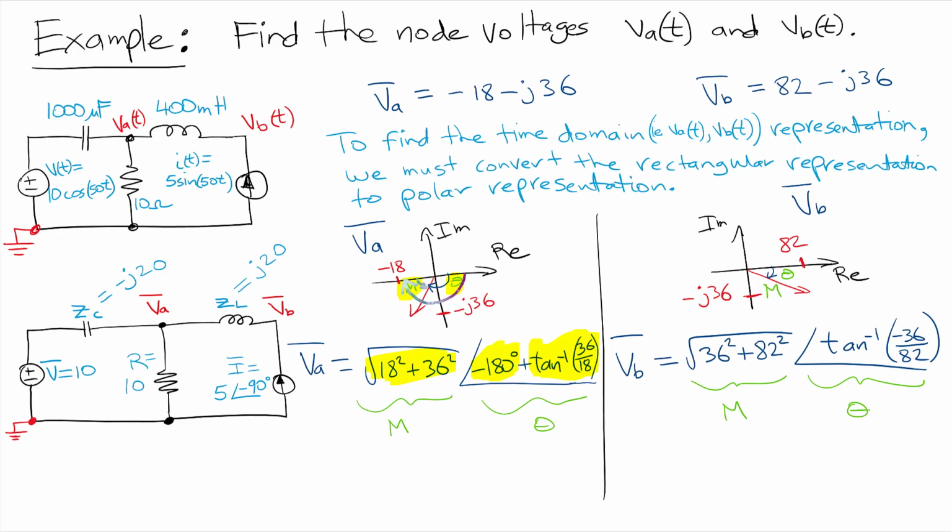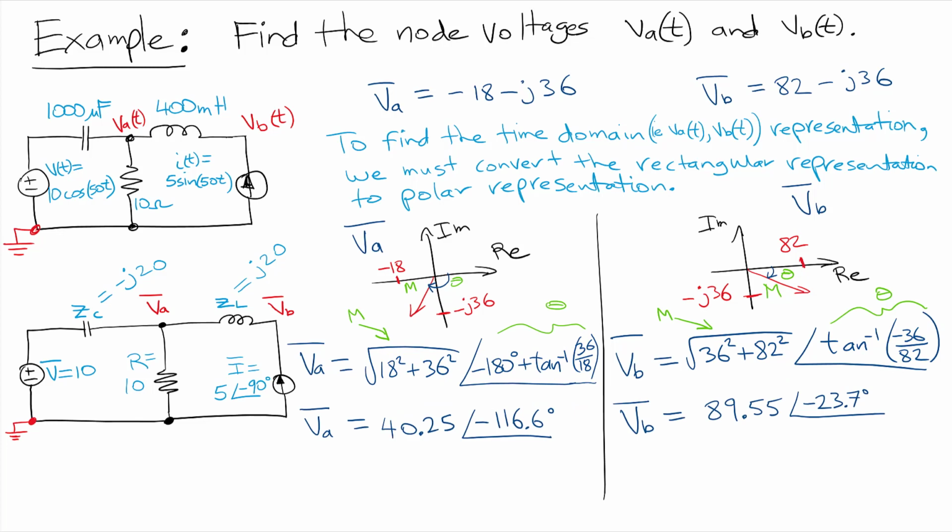Then I've repeated the process for VB, where the magnitude is the square root of 36 squared plus 82 squared. That's the magnitude M. The phase angle is very straightforward: it's the arctan of minus 36 divided by 82, and that gives us theta, the phase.